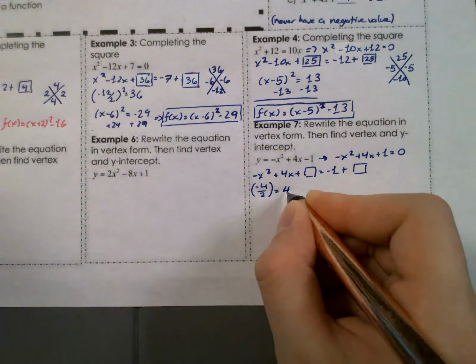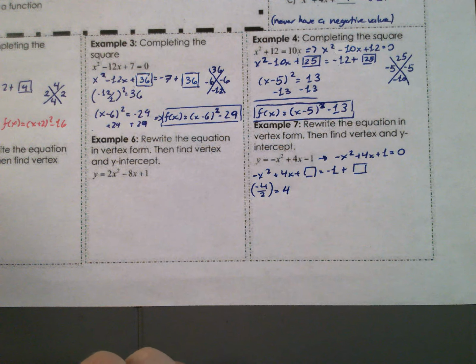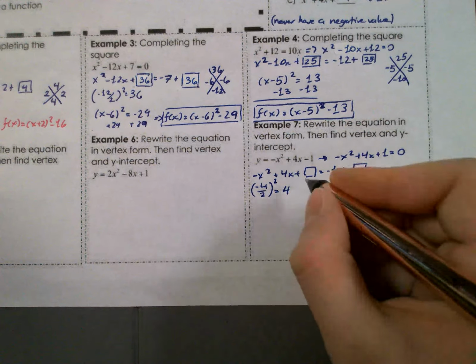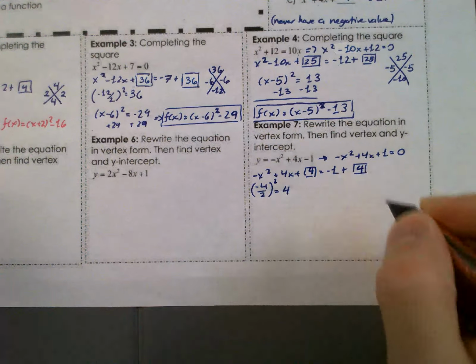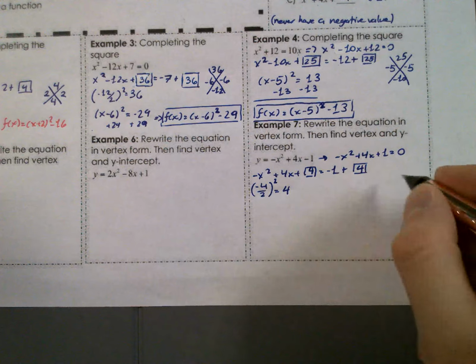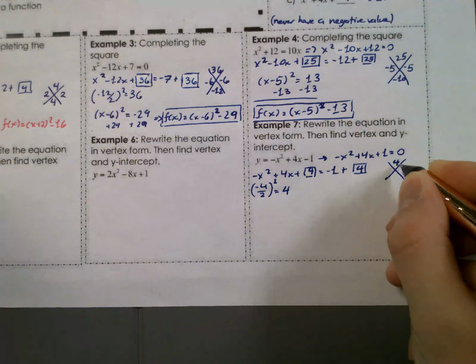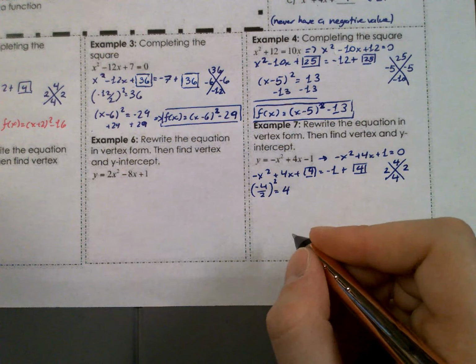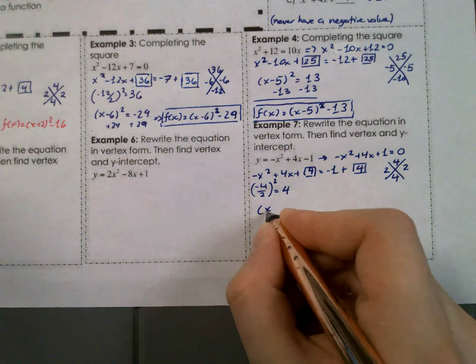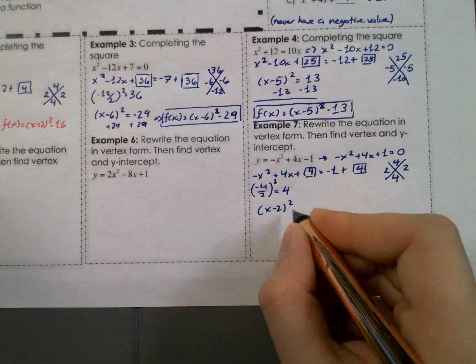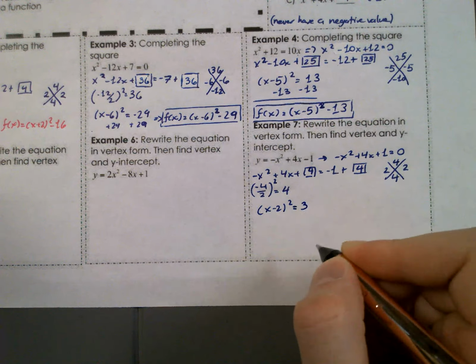If I do that, I get negative 2, and negative 2 squared is 4. So we have 4, and we have 4. So now we need two numbers that multiply together to give me 4 and add together to give me 4, and that means it's 2 and 2. So, after all that, we have x minus 2 quantity squared equals negative 1 plus 3, which is 4.